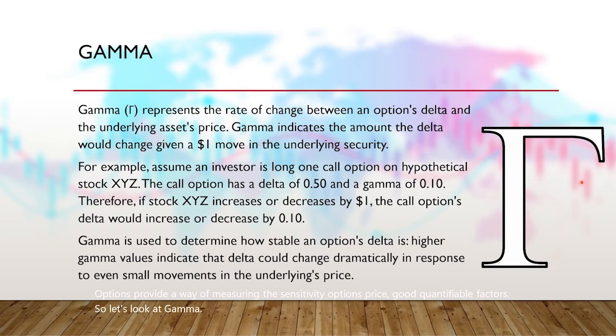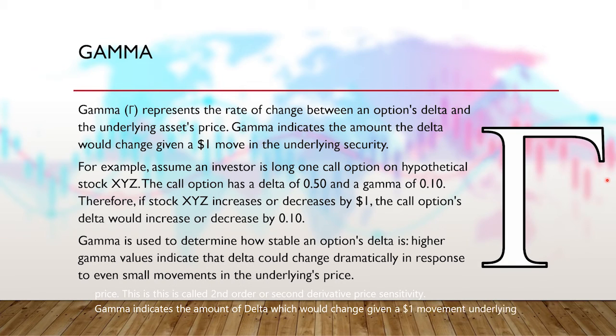So gamma represents the rate of change between an option's delta and the underlying asset price. This is called second order or second derivative price sensitivity. Gamma indicates the amount delta would change given a $1 movement in the underlying security.